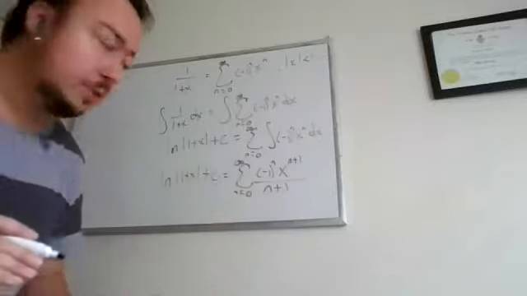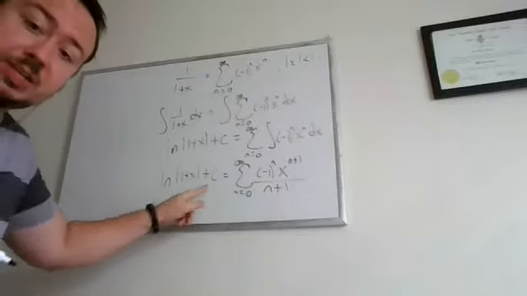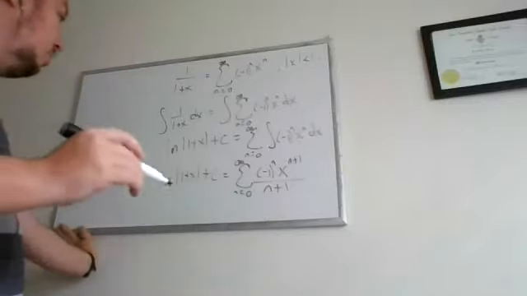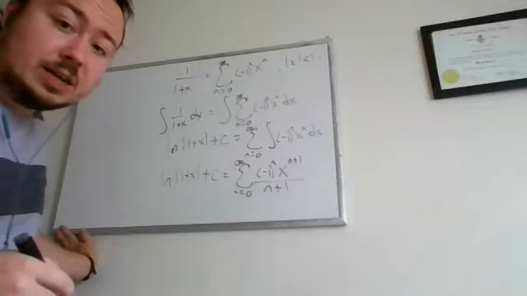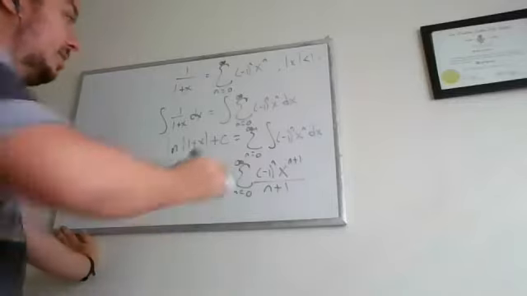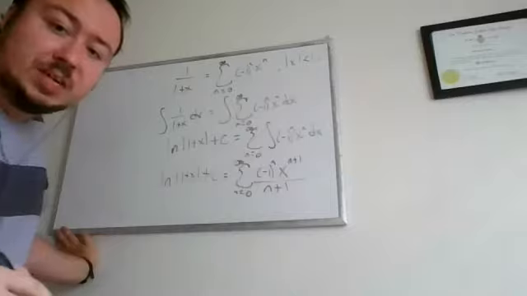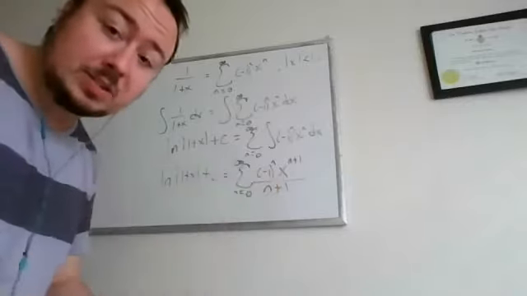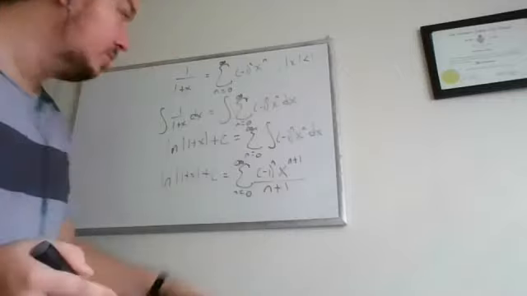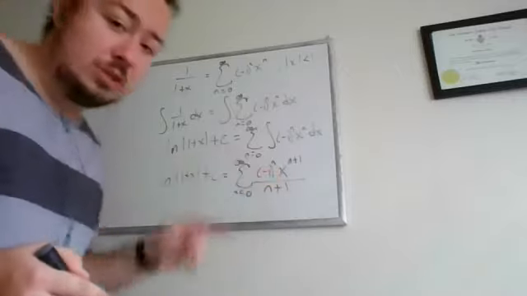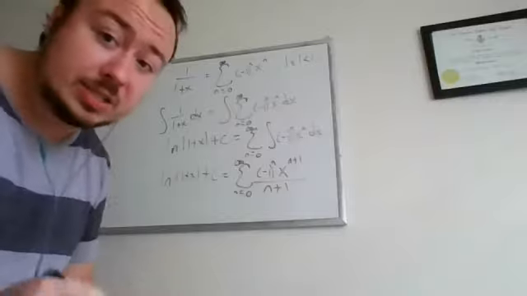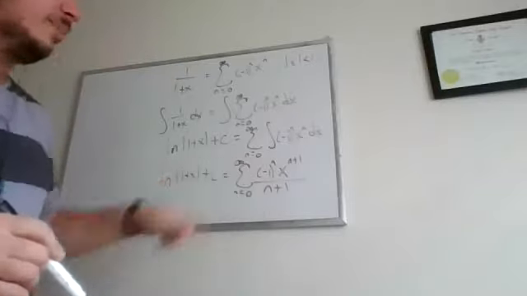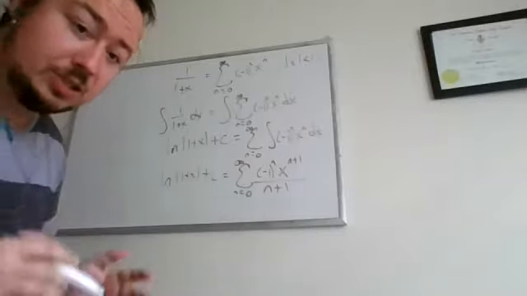Well, rather, we almost do, but we need to figure out what this plus c is since we just did an integral. So what you can do is plug in a convenient number. In this case, that convenient number is going to be 0. Typically, when we have this x, it'll have plus or minus some number inside there. You usually want to match up what you plug in with that number, which is called the center of the series. Since we don't have any number like that, our center is considered to be 0.